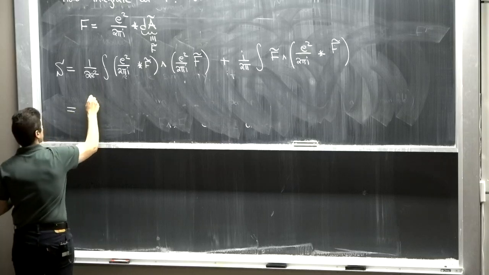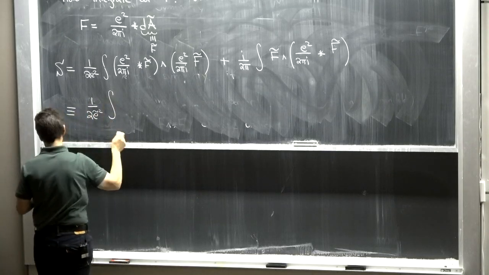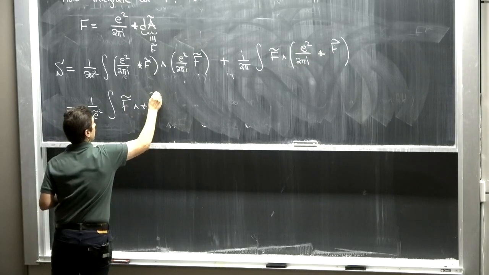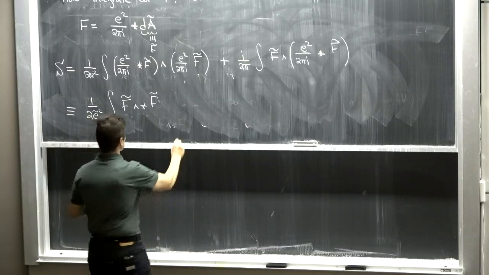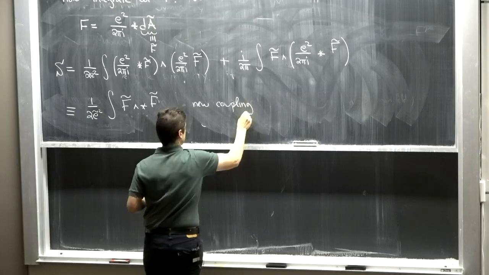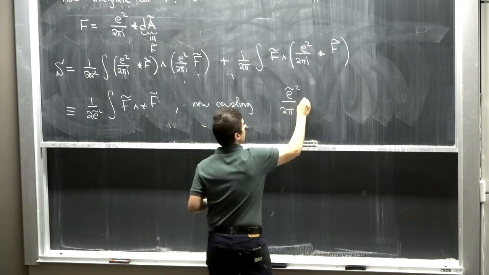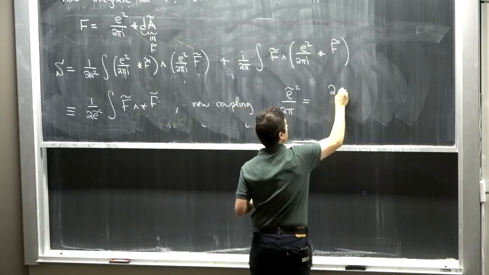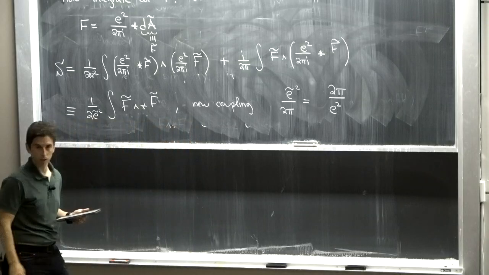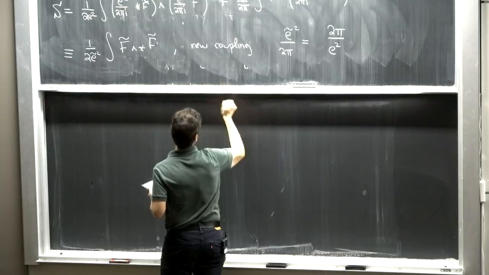We will decide to write it as 1 over 2 e tilde squared integral of f tilde wedge star f tilde, where there's a new coupling, e tilde squared over 2 pi is equal to 2 pi over e squared. That's the nice formula that you get. Okay, so the action takes the same form, but the coupling has changed.